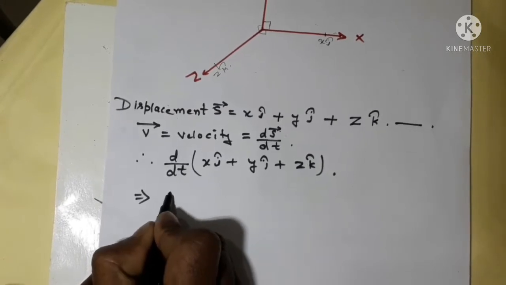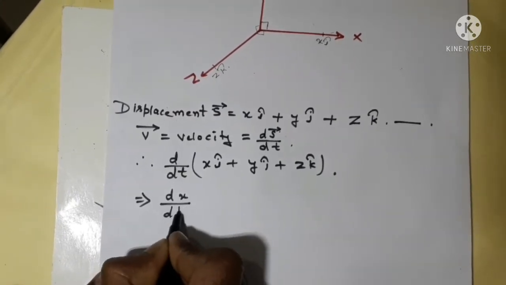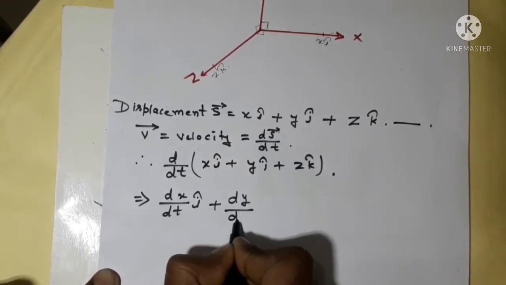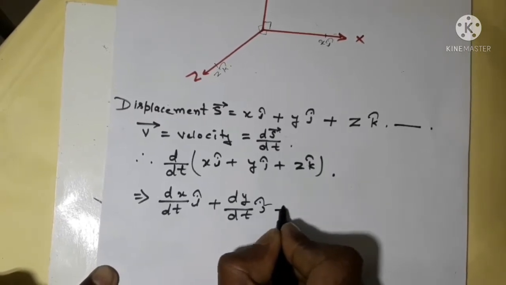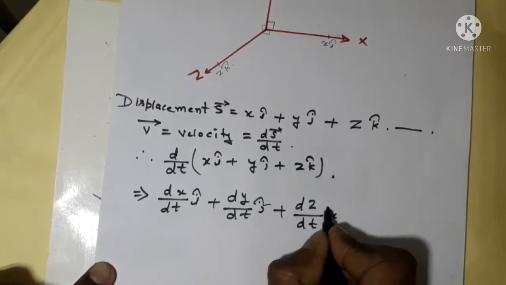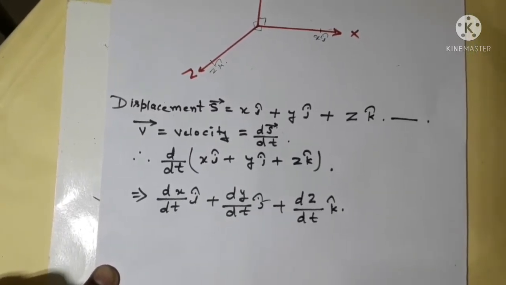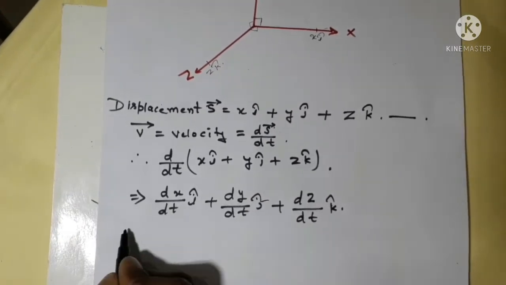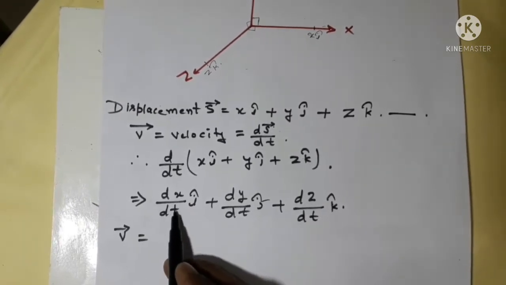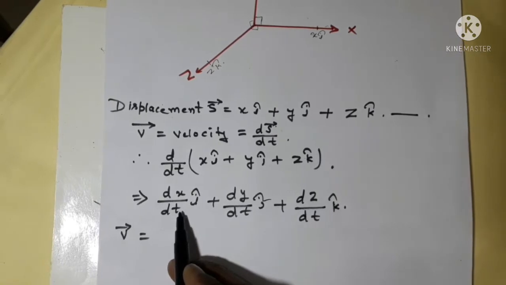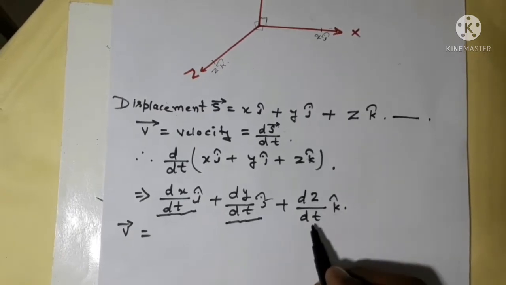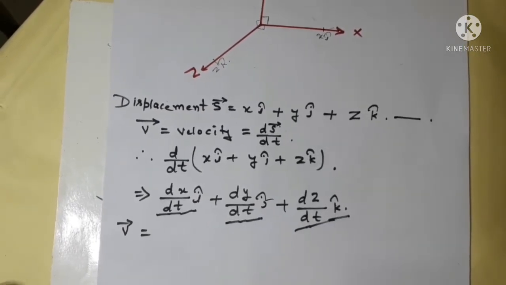Now we can also write like this: dx by dt I cap plus dy by dt j cap plus dz by dt k cap. So we can write velocity finally in three dimensions. This is the x-axis displacement, this is the y-axis displacement, this is the z-axis displacement.